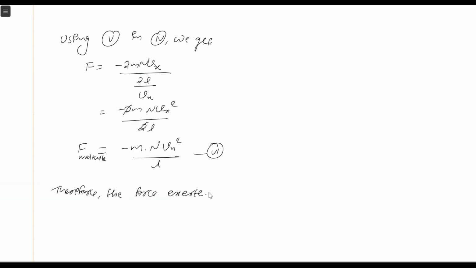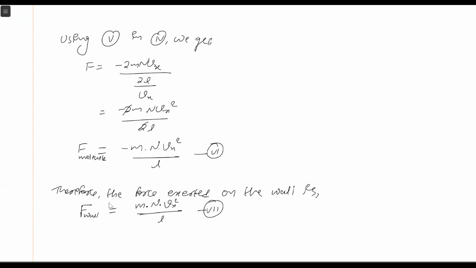Therefore the force exerted on the wall, that is F wall, by the molecule will be same, m into n into Vx square by L. Here we are neglecting the sign because sign only shows the direction, and for wall there is no direction, right? So this is equation number 7. I hope you understood properly till this much.